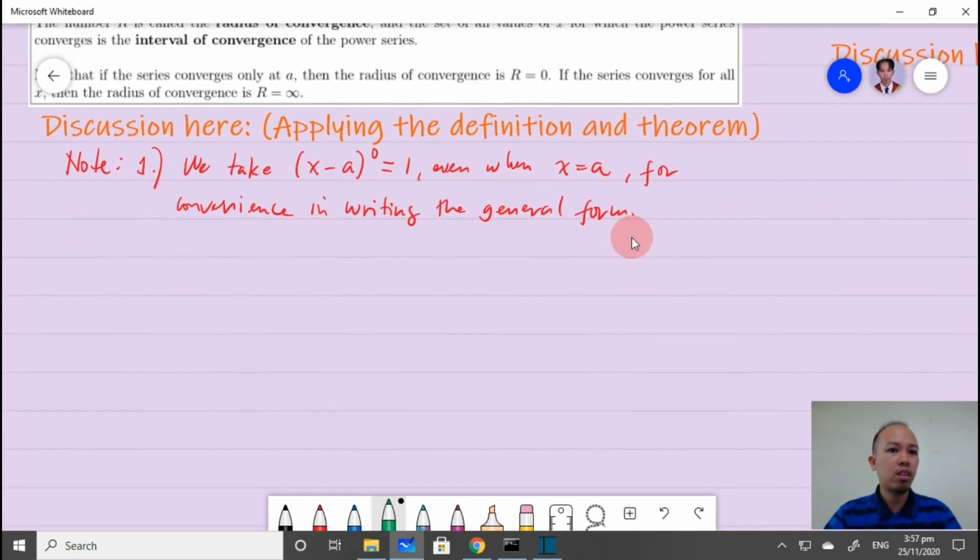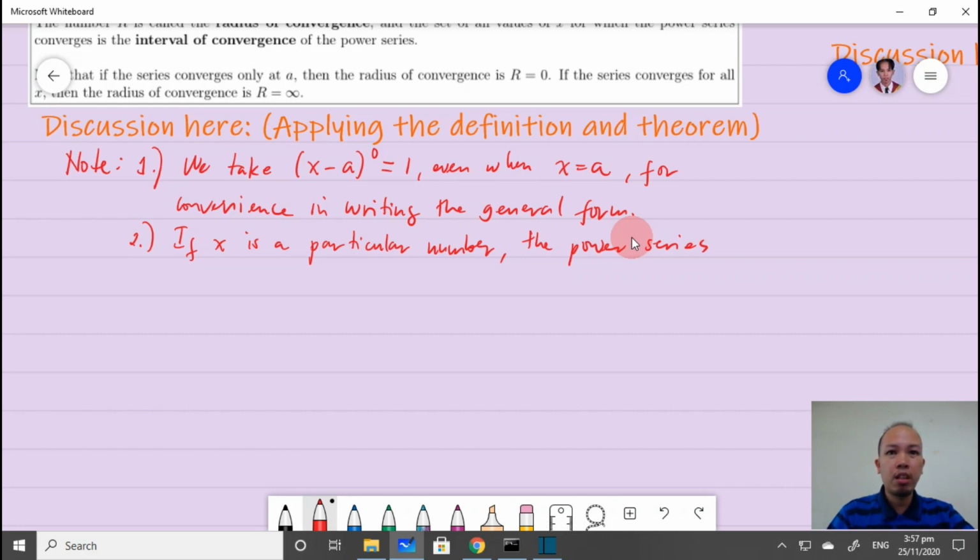Second note: if your x is a particular number, the power series becomes an infinite series of constant terms.